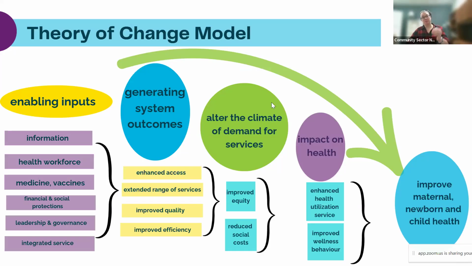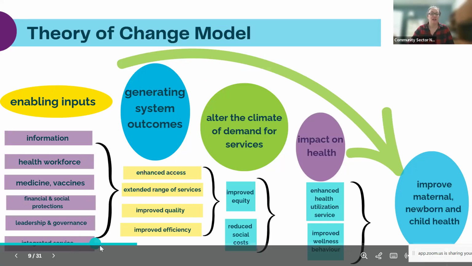And then what are the inputs that need to be established to go into that system's outcome? So we'll need to do some work on education and information, increasing our health workforce, and we're going to need medicine and vaccines to be accessed. We're going to need some type of financial and social protection, someone to lead this project, and then to integrate all these services.